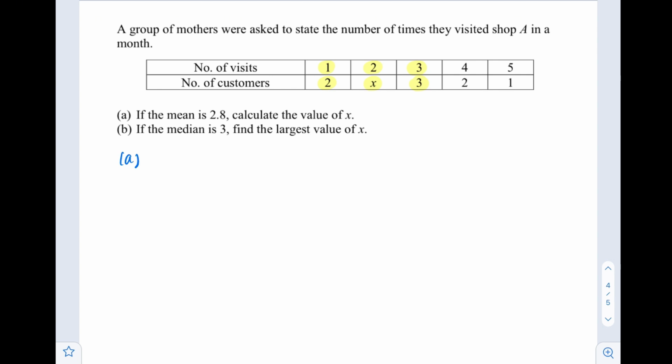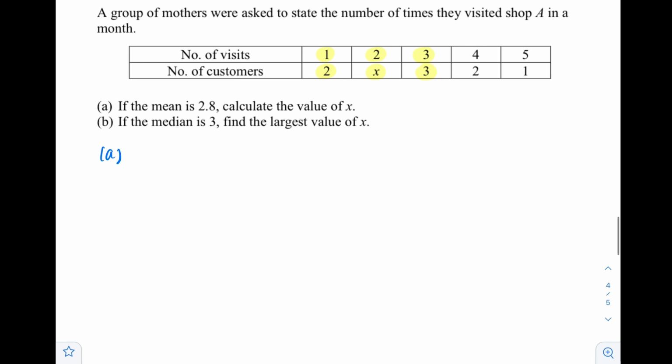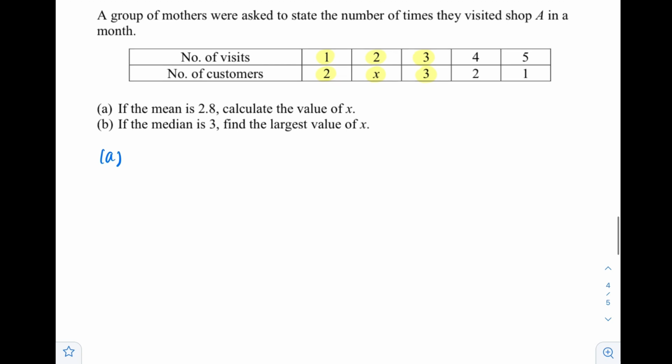So in order to do this, you need to first form an equation. How do we find mean? We must take the frequency times 1 because we have 2 mothers visiting the shop 1 time. Then we have another X mothers visiting the shop 2 times, so it's X times 2.